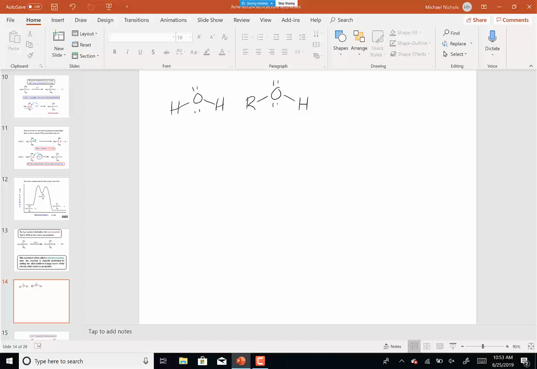And I write the water and the alcohol like this to show you that there's not much difference between alcohol and water. One carbon group. So that means that an alcohol and water are going to react very similarly.